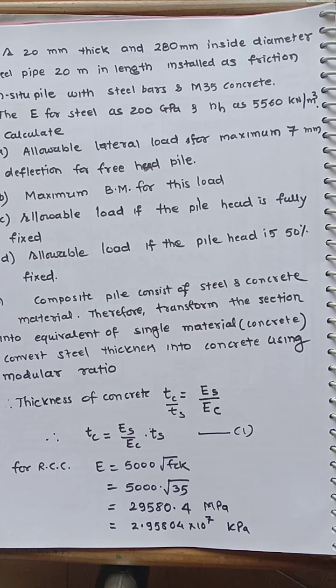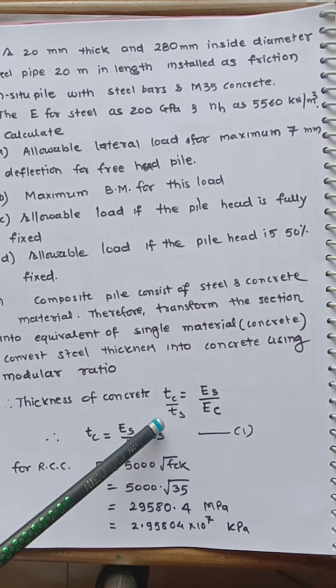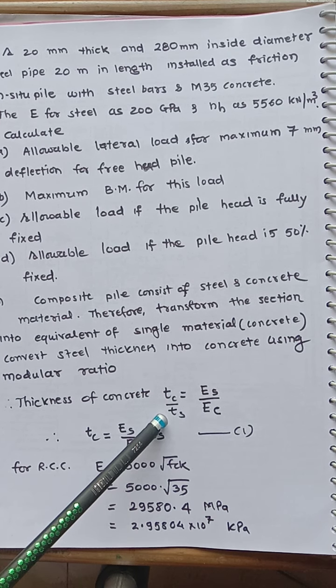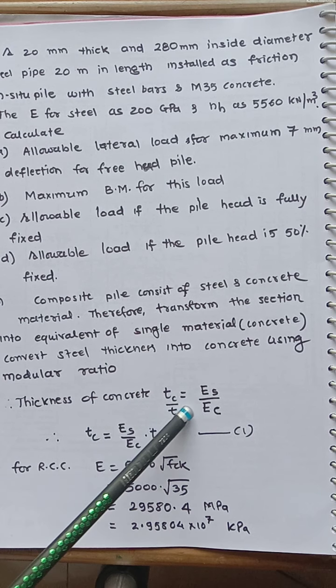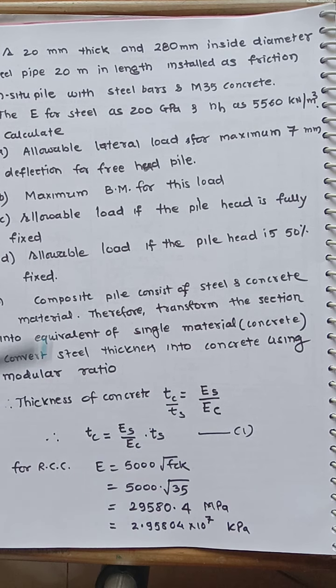In your mechanics of solids, you must have studied that the ratio of thickness is inversely proportional: Tc upon Ts, thickness of concrete to thickness of steel, is inversely proportional to their moduli, steel to concrete. Therefore, the equivalent thickness of concrete replacing the steel is Es upon Ec into thickness of steel.